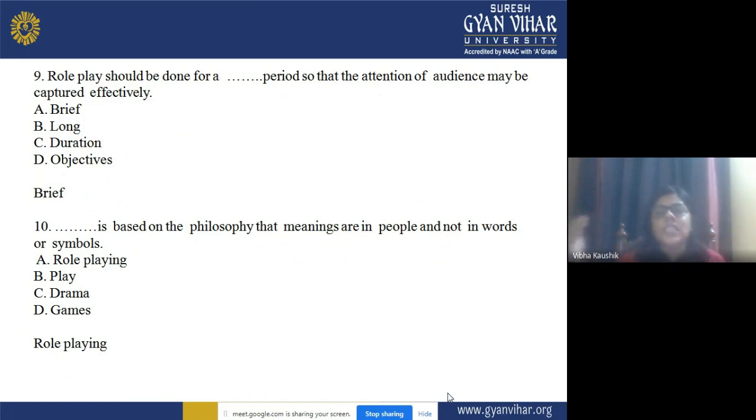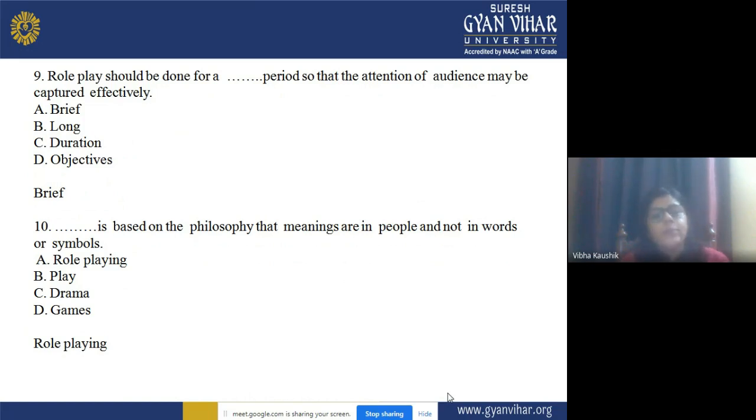Now students, you have to select the correct one on the basis of the given choices, and option A, that is brief, is the correct one. So we can say that role play should be done for a brief period. Only then will we be able to keep the attention of the audience.